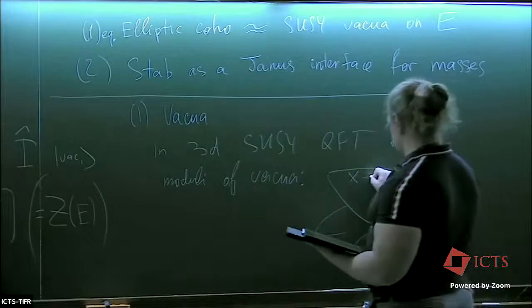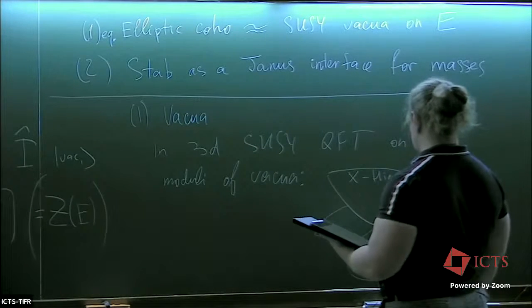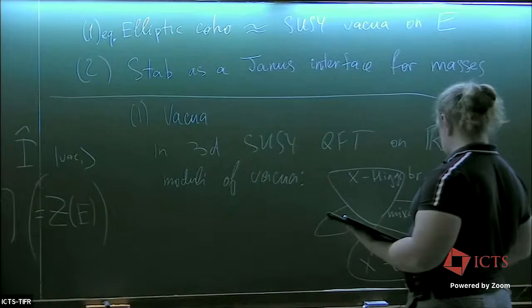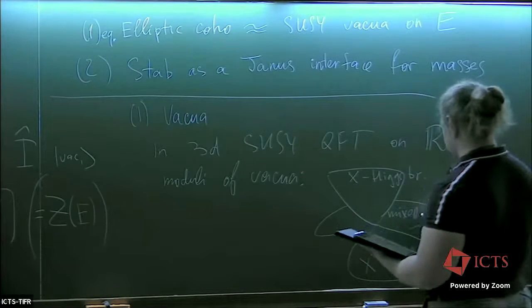So this one is the Higgs branch. This is the Coulomb branch. And there are some mixed branches.